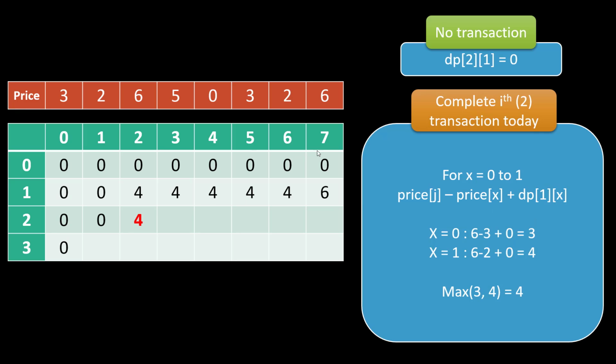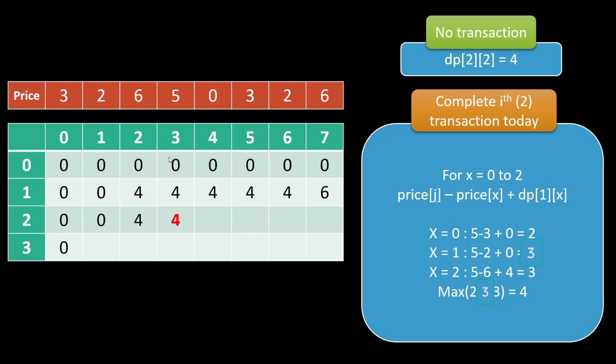So that gives me 3, and similarly for x equal to 1, which means 6 minus 2 from the ith transaction and this 0 from the previous i minus 1 transactions. That gives me 4, and the maximum of all these values is 4, so we put 4 in the array.